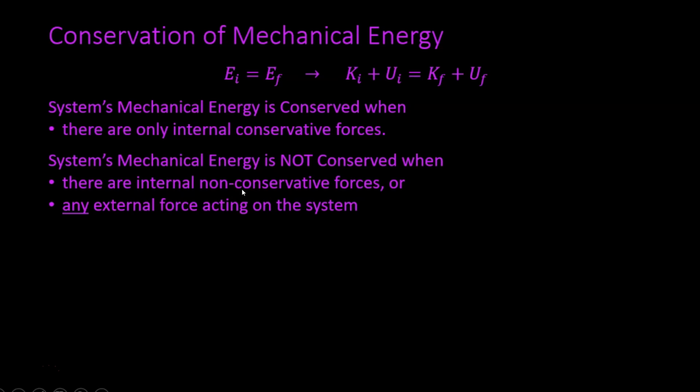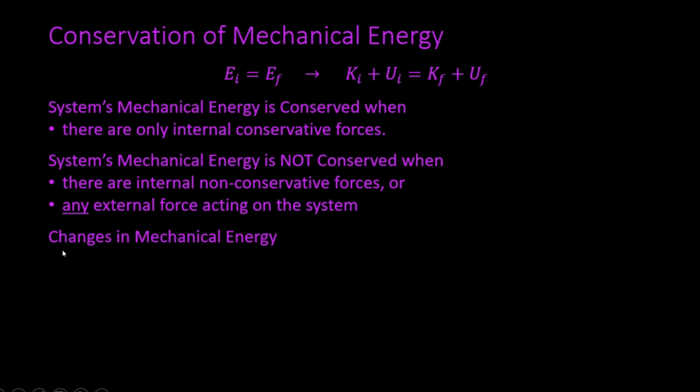So if you have friction or drag within the system, you are not going to conserve mechanical energy. And it doesn't matter what the force is. If it's an external force, even if it's a conservative external force, you're not going to conserve energy because those external forces are either going to be flowing energy into or out of the object they're exerting the force on.